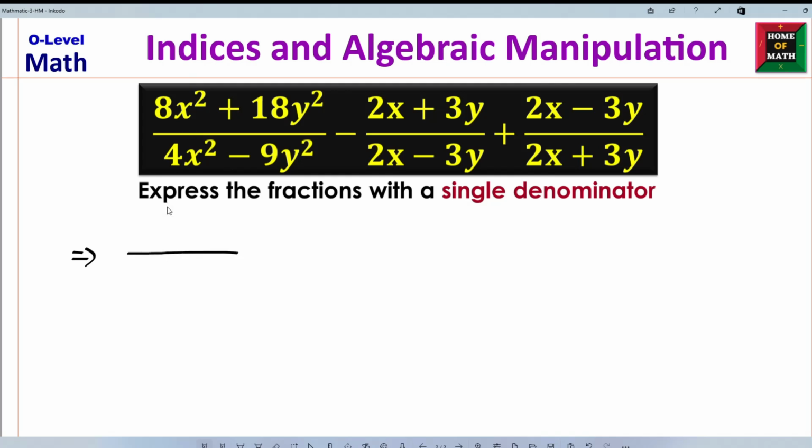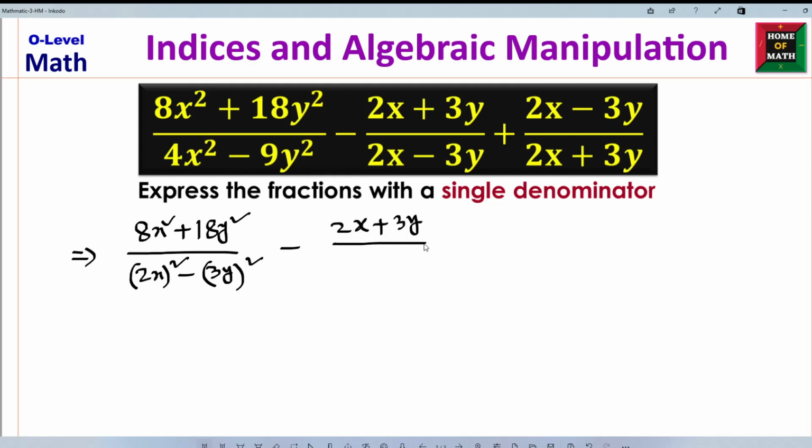We can keep the numerator 8x² + 18y² as it is, and the denominator 4x² − 9y² we can write as (2x)² − (3y)². So what can we do now?